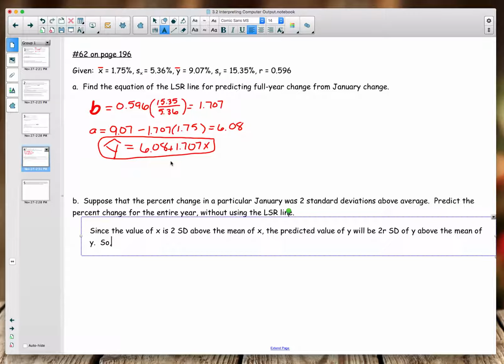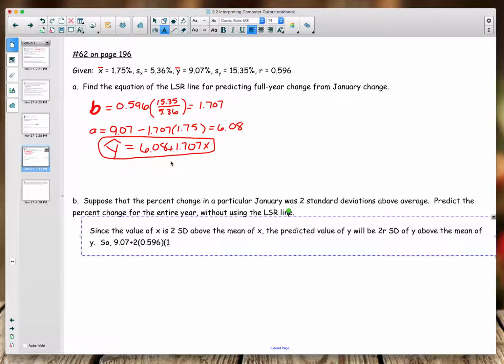Okay, so in other words, we'll do 9.07 plus 2, because it's 2 standard deviations, and then our r, 0.596, and then our formula, times the 15.35 for the standard deviation of y. Okay, so this is the formula that you're going to be using.